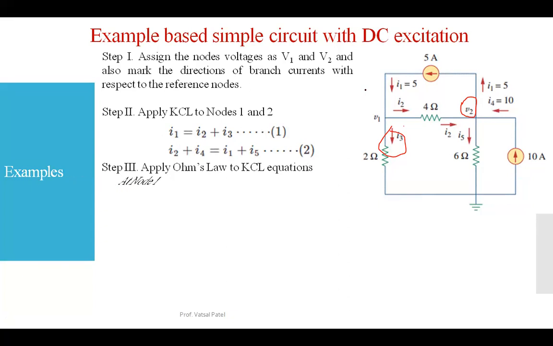So I1 at node number 1, I1 is equal to, can we say it is 5 ampere? Because in that branch the current source is already given. So we know the I1 current value, and that is 5 ampere. So can we write 5 ampere is equal to (V1 minus V2) by 4 plus (V1 minus 0) by 2.